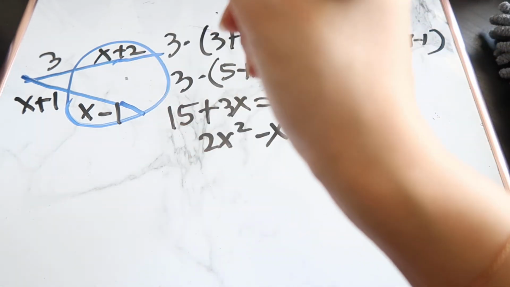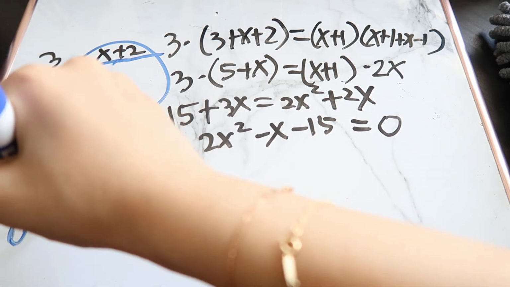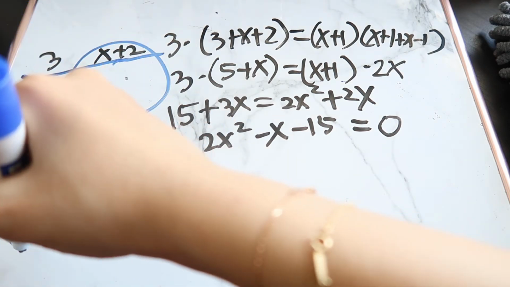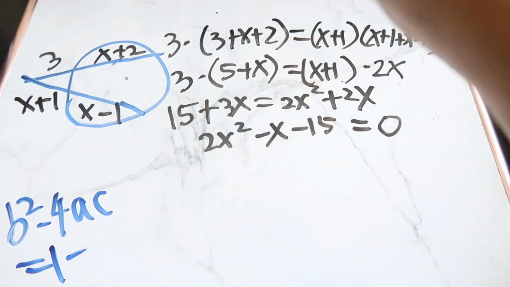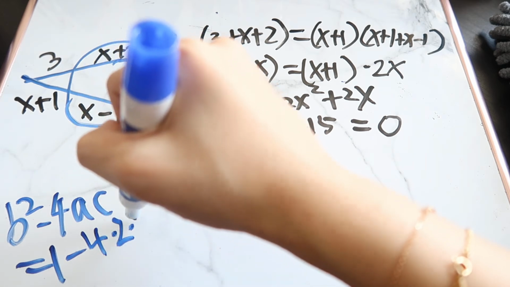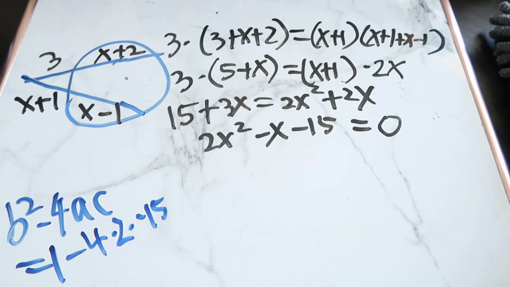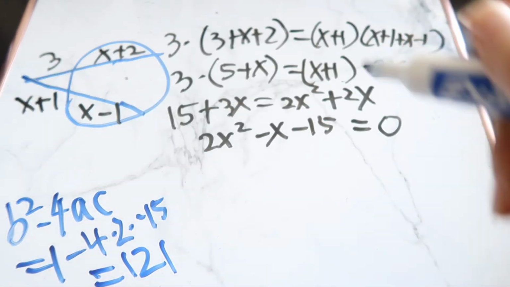And it would be b squared minus 4ac, we're doing the quadratic formula. So that will be 1 minus 4 times 2 times negative 15. So that will be 121 for this part.